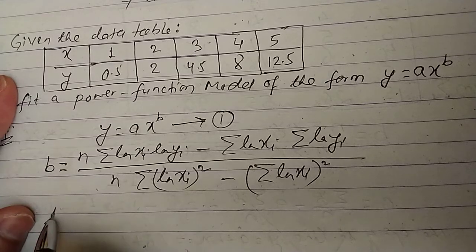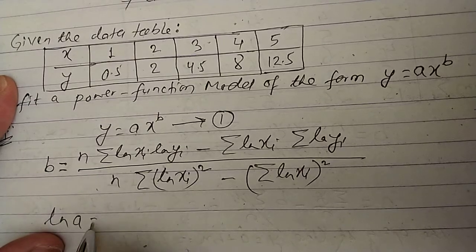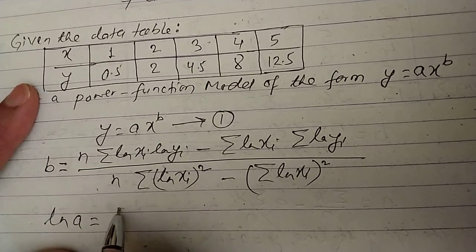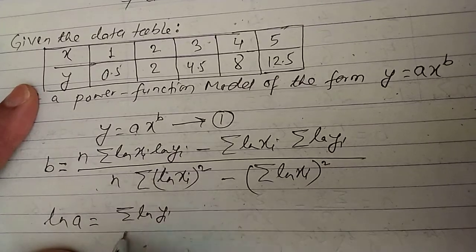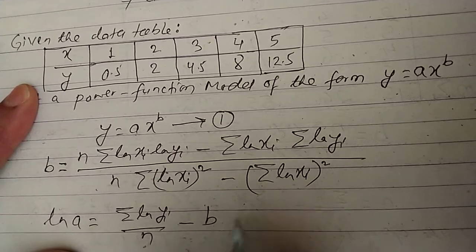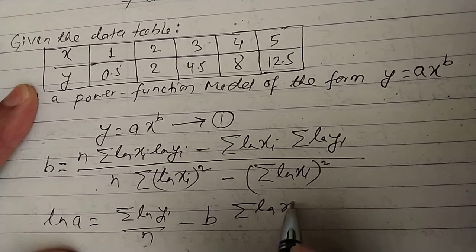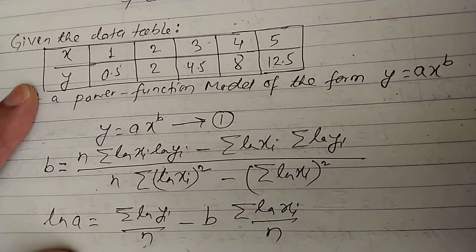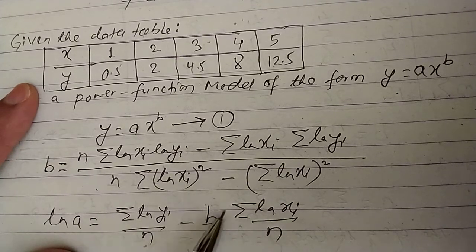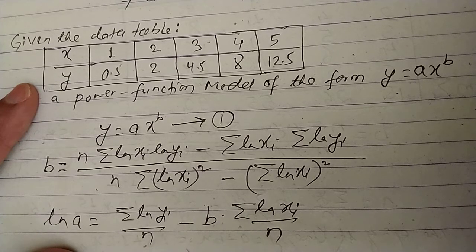And what will be the value of a? Log a. So that will be summation ln yi by n minus b into summation ln xi by n.